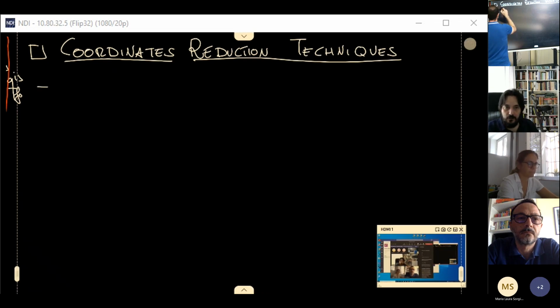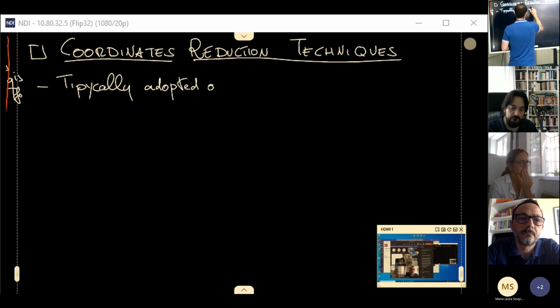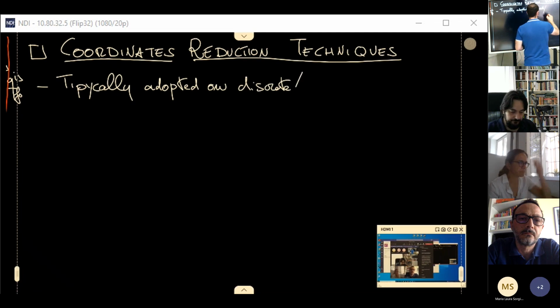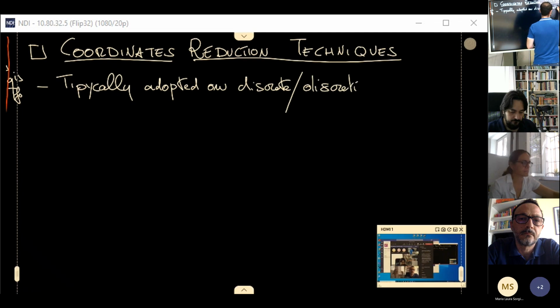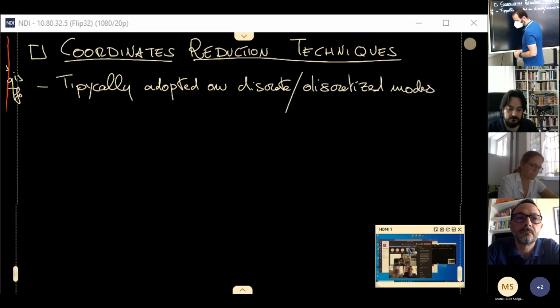So we can write it down. So typically adopted on discrete / discretized models.